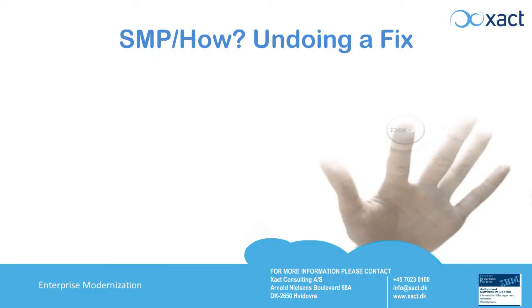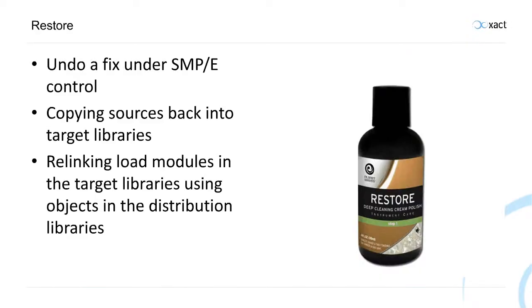There are 3 different actions related to undoing a fix. Undoing a fix should of course happen under SMPE control to keep consistency. A restore will copy sources back into the target libraries and relink load modules into the target libraries using objects from the distribution libraries.